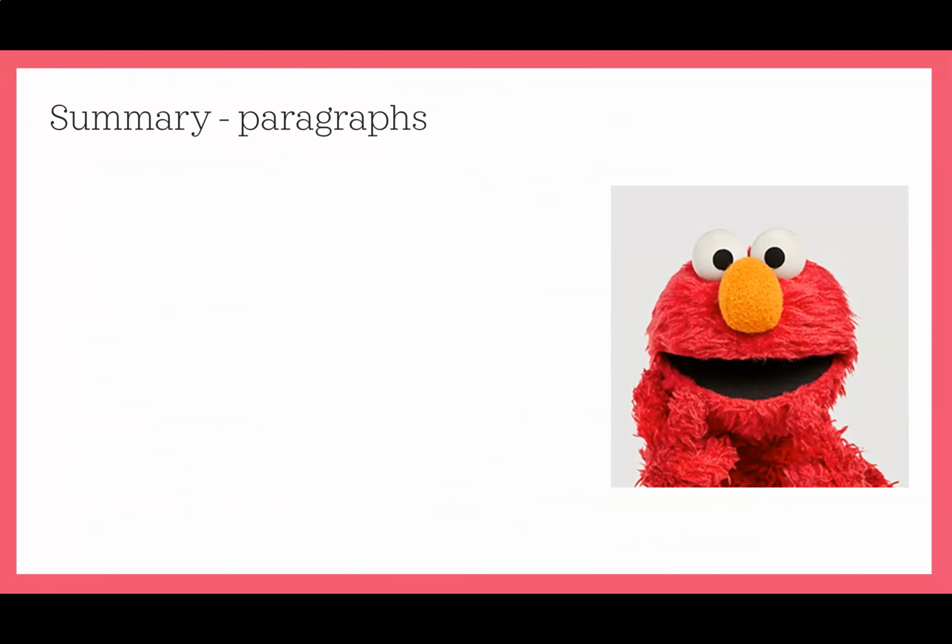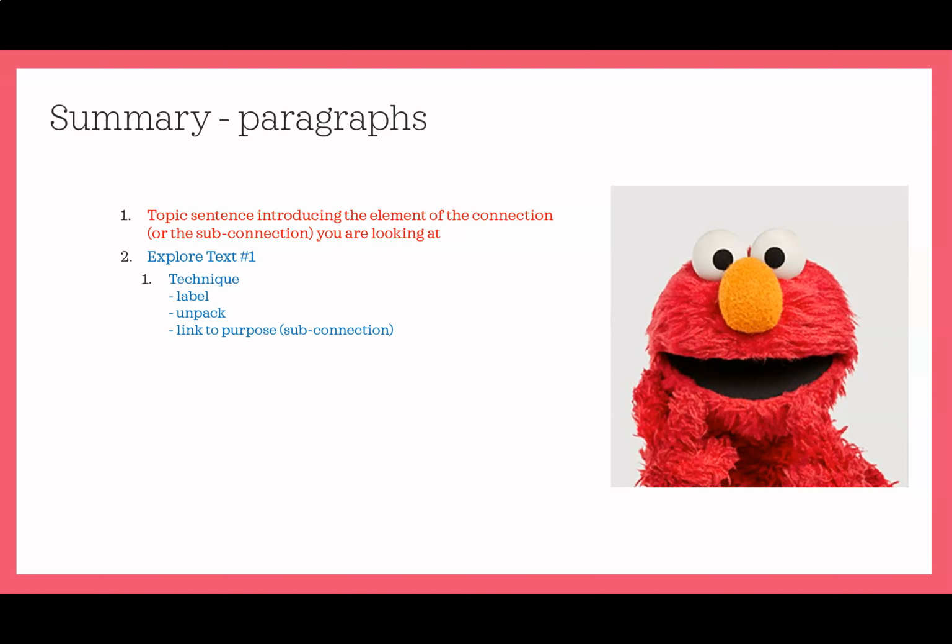Okay, brief summary of what to put in your paragraphs. So you want a topic sentence introducing the elements of the connection or the sub-connection that you're looking at. You want to explore the first text, discussing techniques, label them, unpack the techniques, and then link them to the purpose or the sub-connection in your case. Exploring the second text, again a discussion of the techniques, label them, unpack them, link them to the sub-connection.